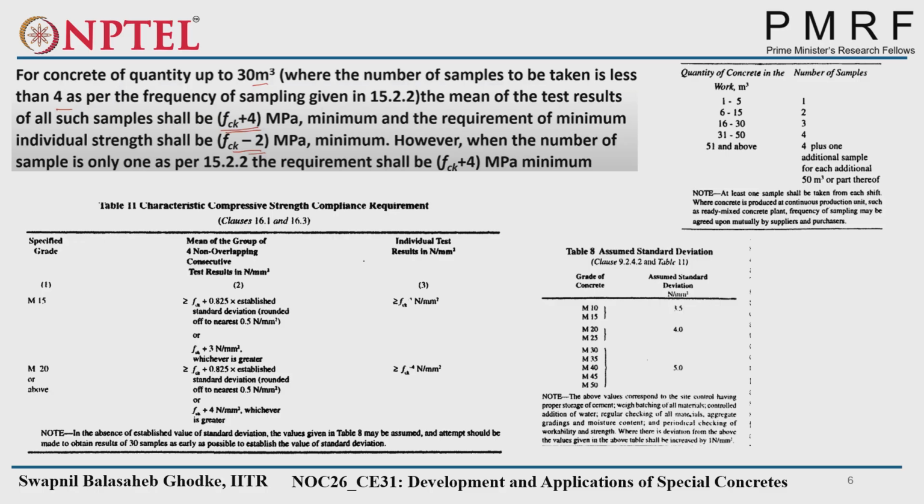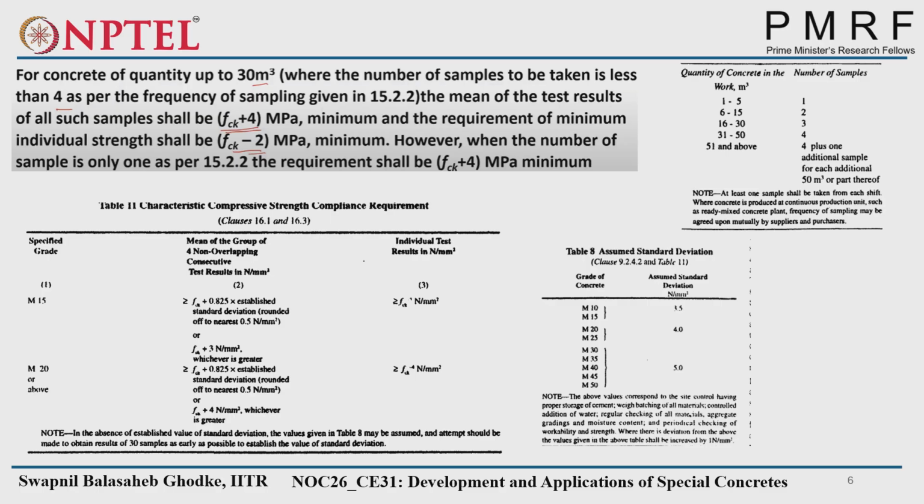That is also given by the code in Table 11. So what the code says, if you are going for 4 non-overlapping consecutive samples, for the M15, it should be greater than FCK plus 0.825 into standard deviation, or FCK plus 3, whichever is greater.